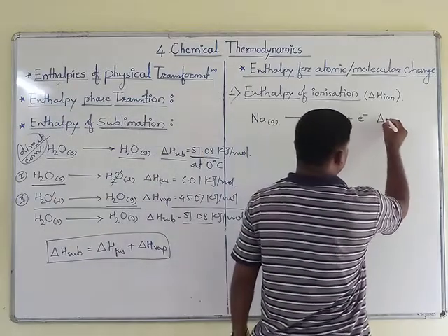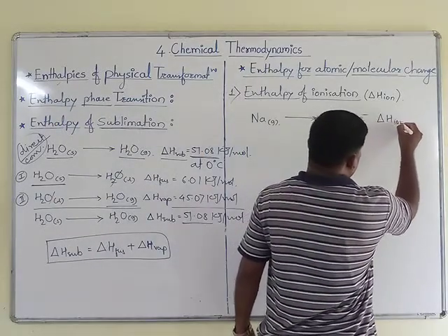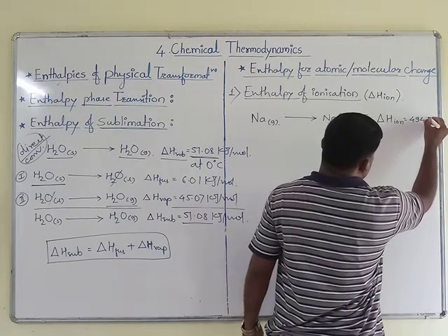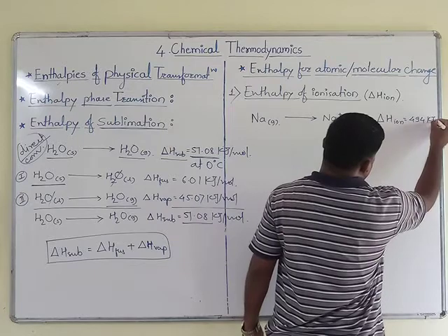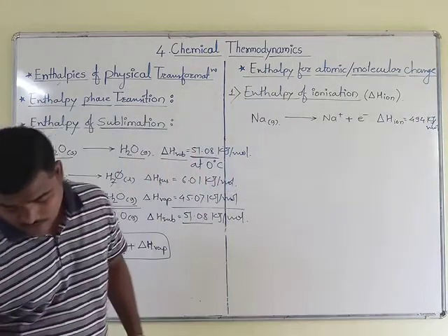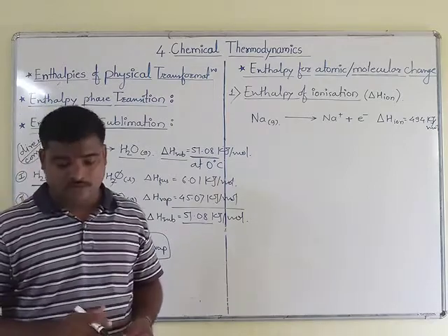That is, delta H ion for this process is 494 kilojoule per mole.